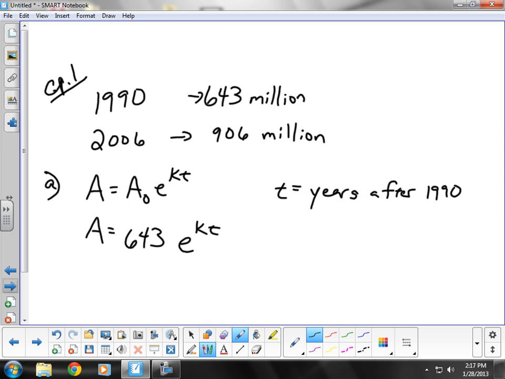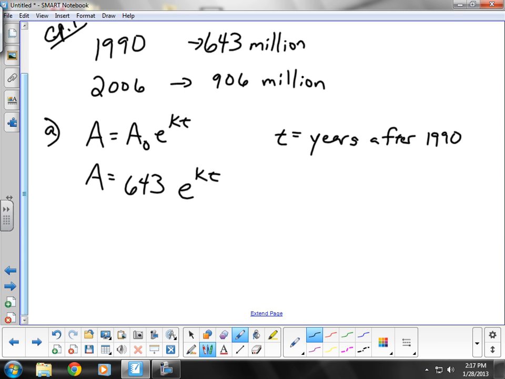I need to know what rate of growth they've got going on here. They didn't give me the rate of growth, but they did give me another point, right? What does A stand for? The new population, right? And what does T stand for? The years it's been since 1990 that I could get this population. So, do you see something there that we could use?